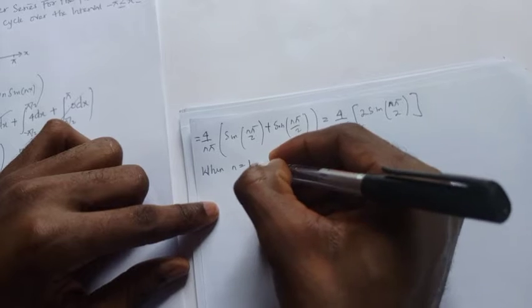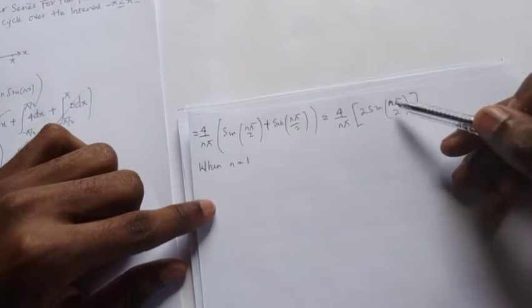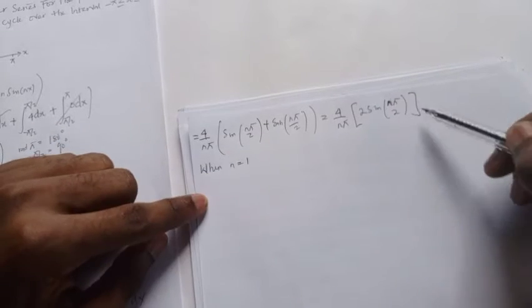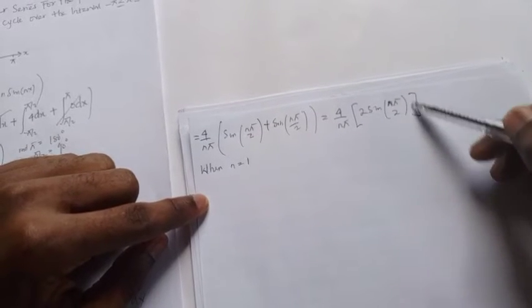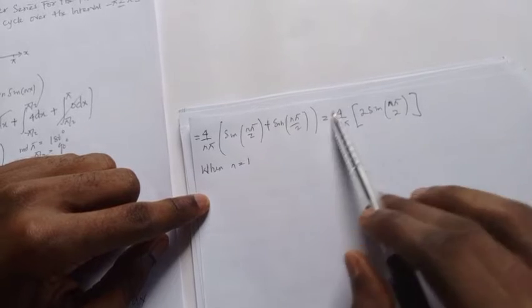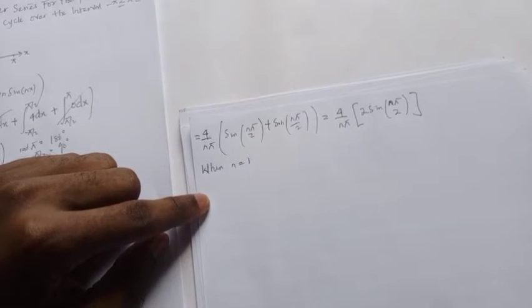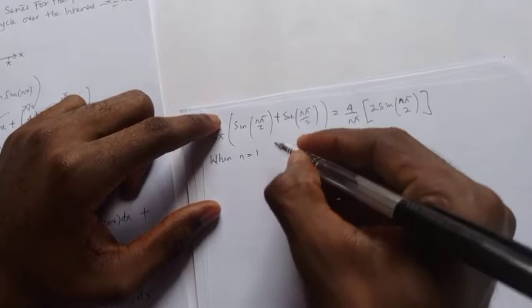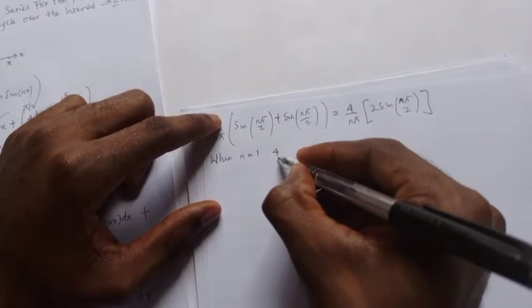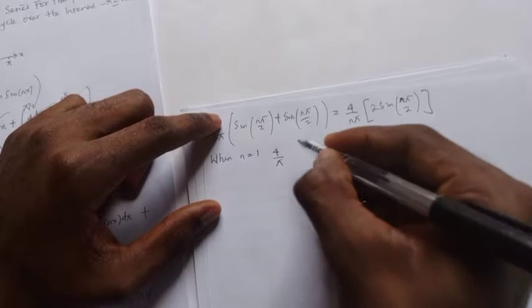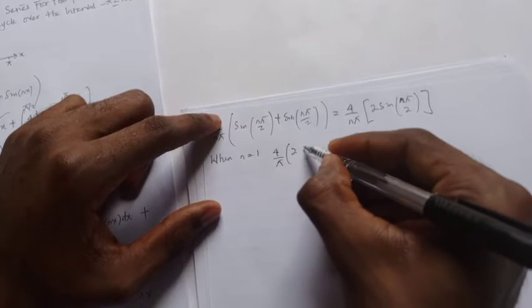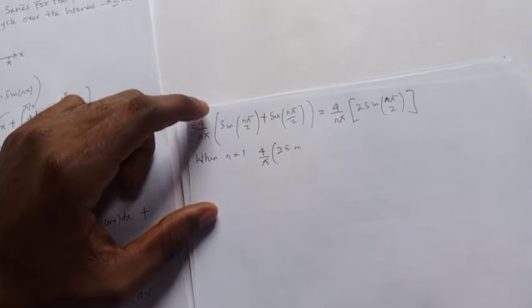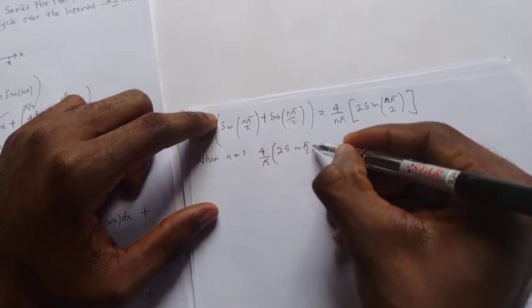If n is equal to 1, the value of this function becomes 4 over pi into 2 sine pi over 2.